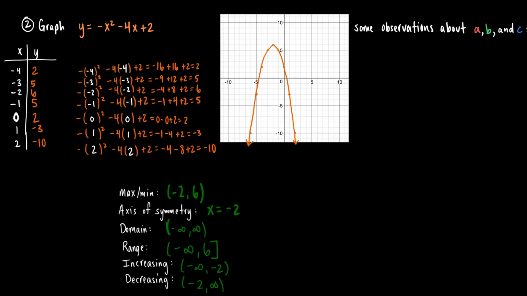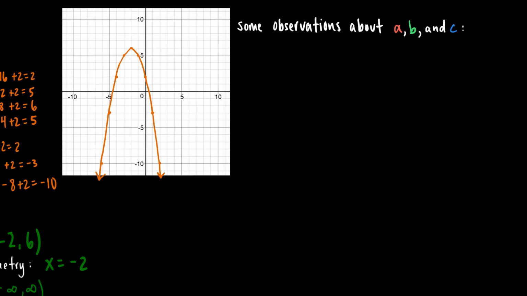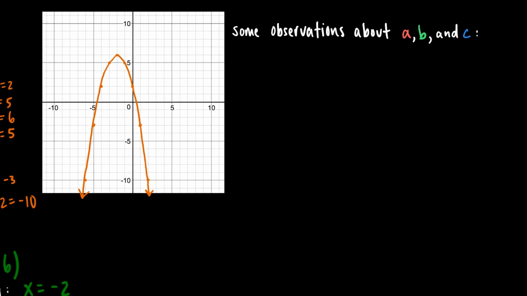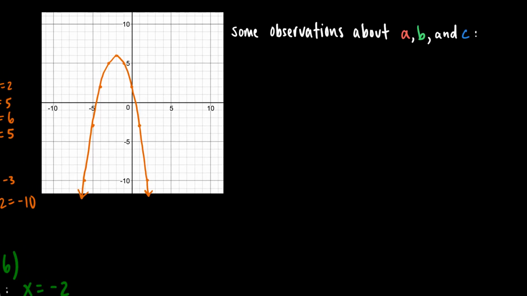I wanted to make some helpful observations for you about the a, b, and c values in standard form. So remember, the a was what we call the leading coefficient.